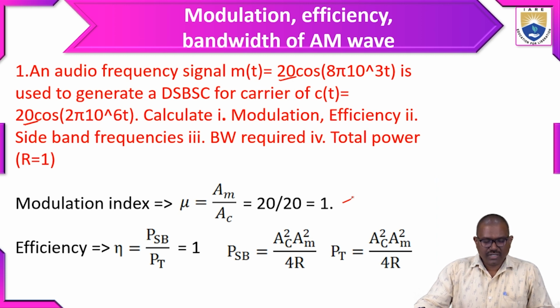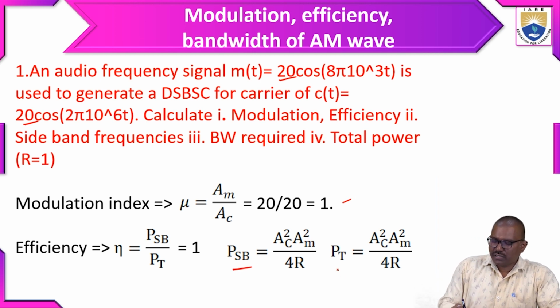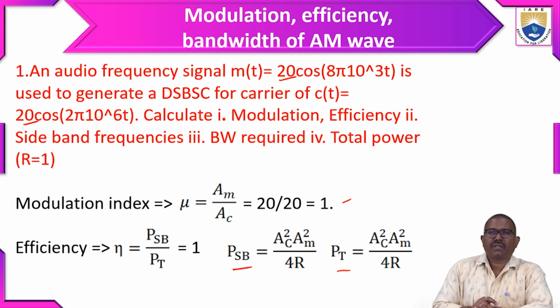Efficiency is represented as eta, equal to Psb by Pt, equal to 1. Psb, the sideband power, is Ac square Am square by 4R, and the total power is also the same, Ac square into Am square by 4R. That's why the efficiency is 1.